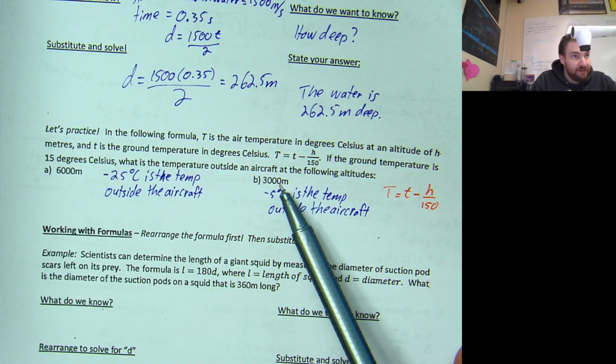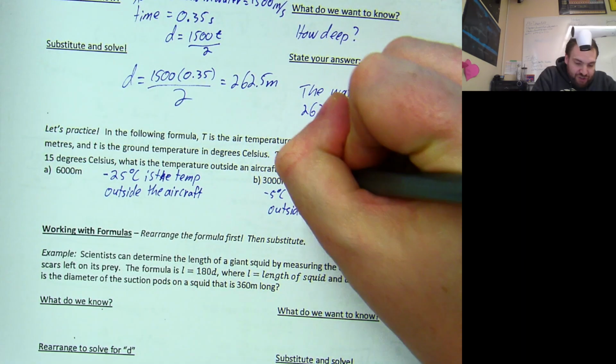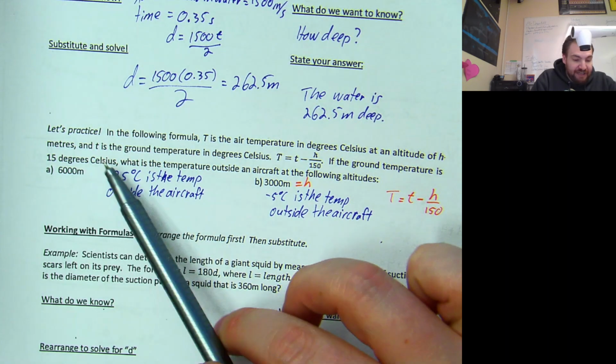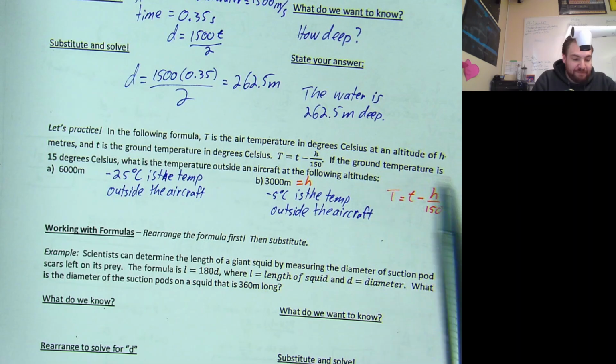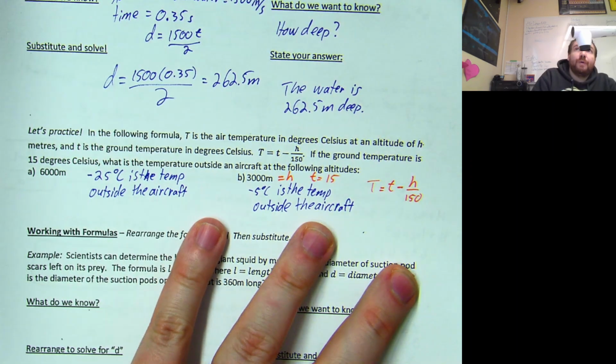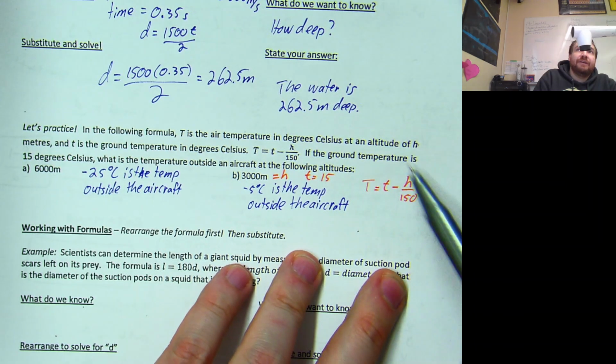3,000 meters is the altitude, which is which variable? This right here is h. What else do we know? Small t is the ground temperature, and we're told that the ground temperature is 15 degrees. So small t is equal to 15. We can plug these two values in and solve.